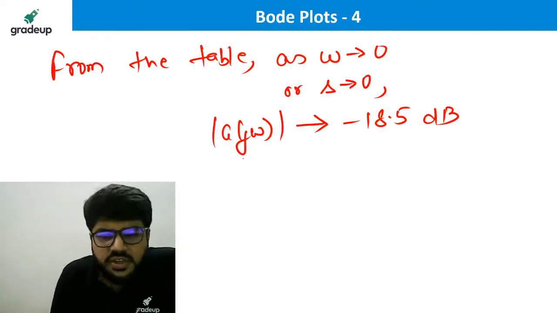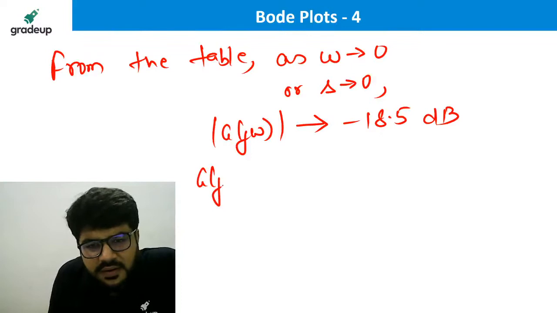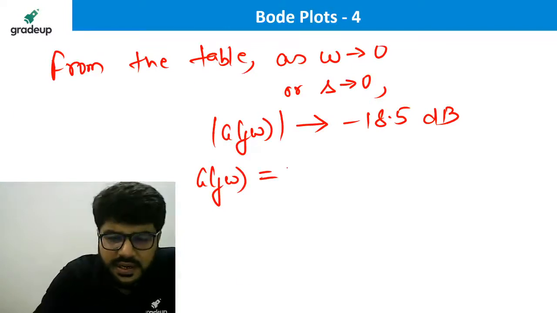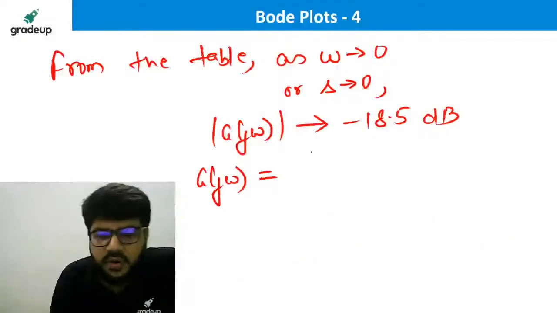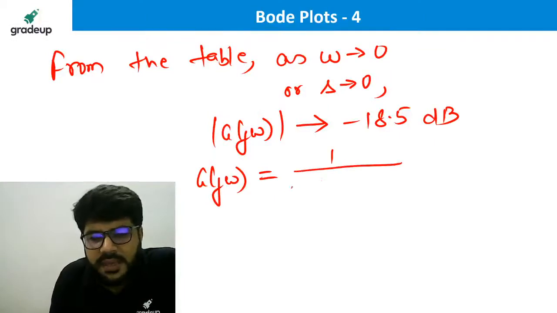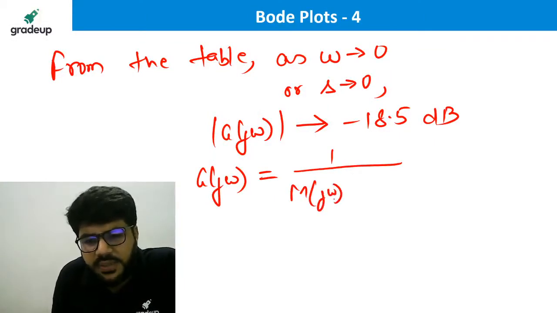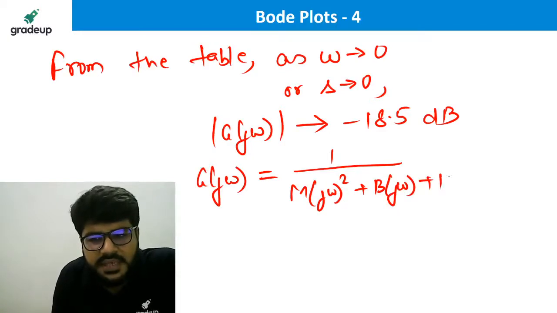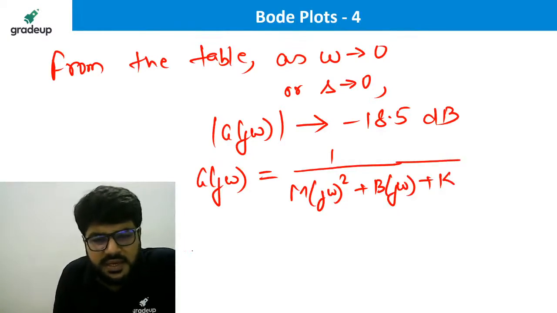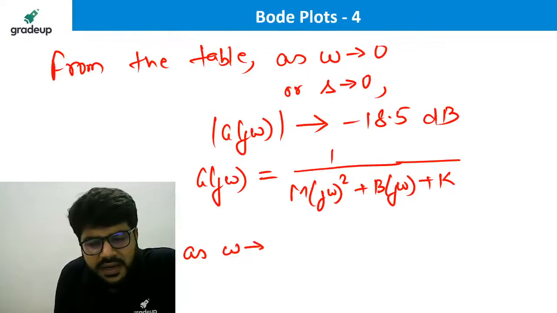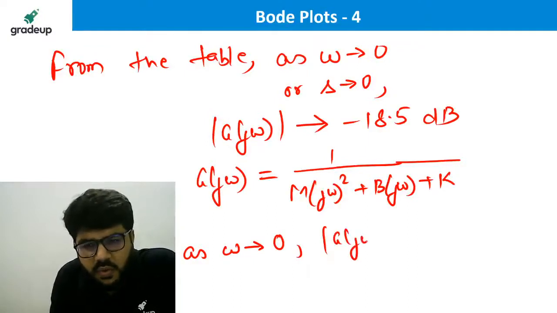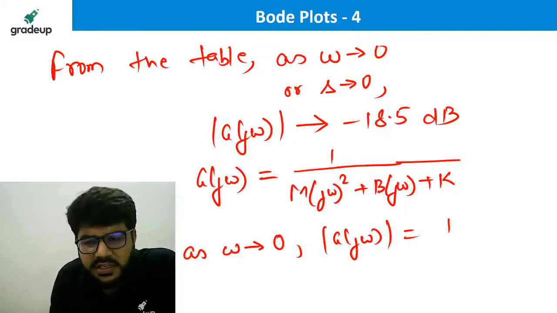All right. So, what is G(j omega)? It is just equal to 1 upon m(j omega) square plus b(j omega) plus k, that is, ms square plus bs plus k. And as omega tends to 0, mod G(j omega) is 1 upon k.